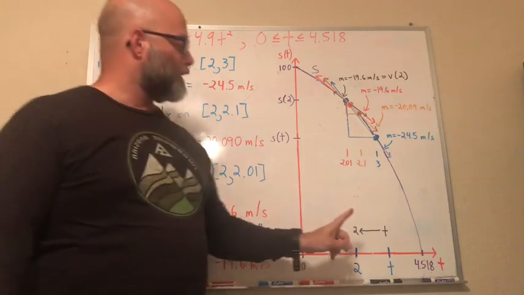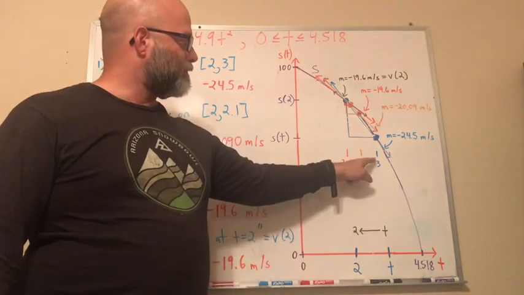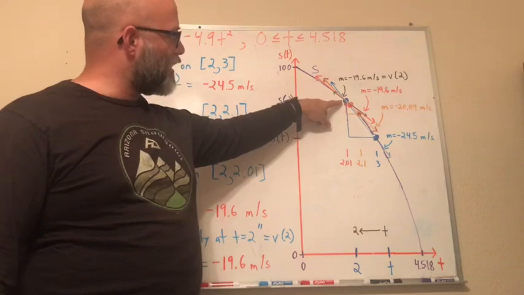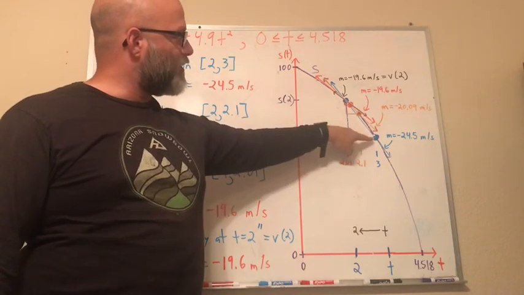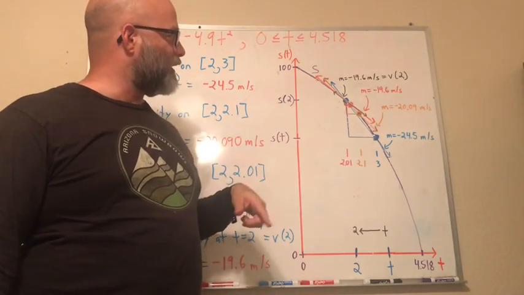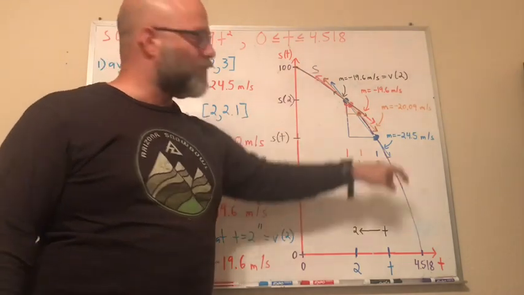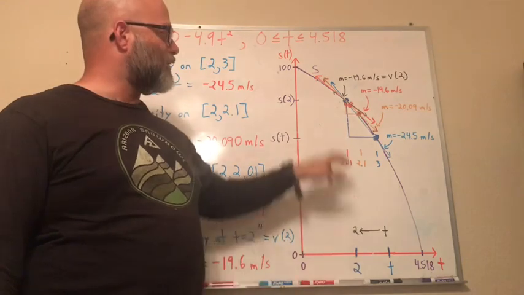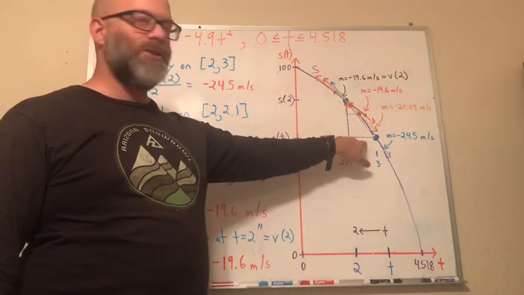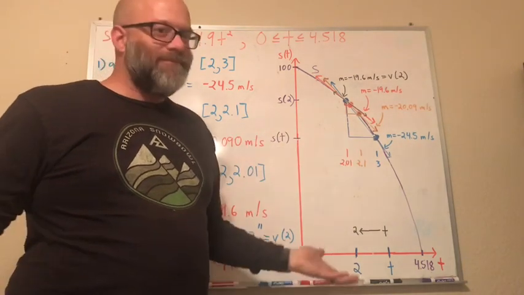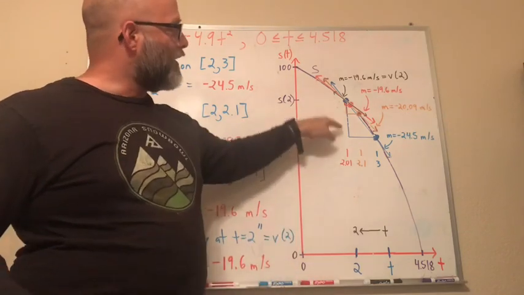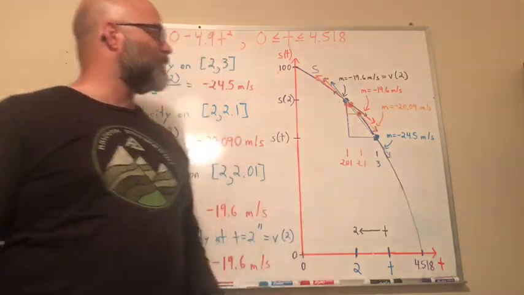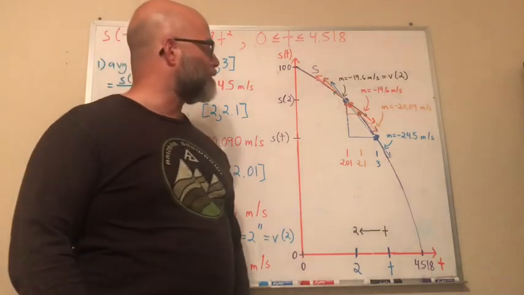If t equals 3, this is the point 2 comma s of 2, and here would be 3 comma s of 3. I could draw that blue secant line through it and get the rise over run, the change in position over the change in time, the average velocity over that interval. And what would it be? It would be negative 24.5 meters per second.